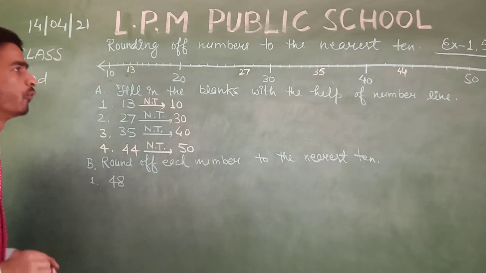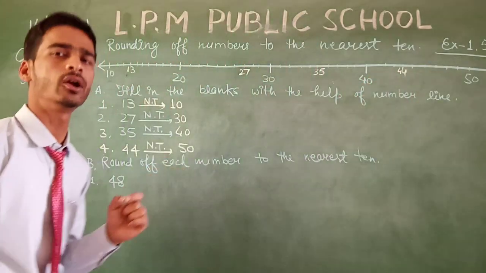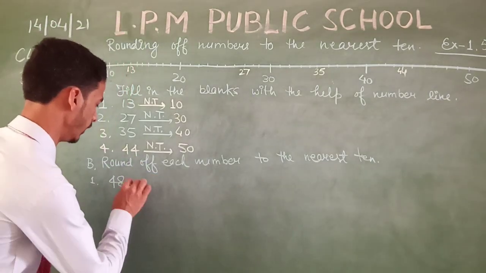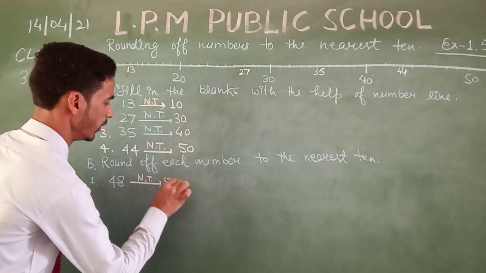You know that 48 is between 40 and 50 but closer to 50. So 48 is rounded off to 50. So the nearest 10 of 48 is 50.